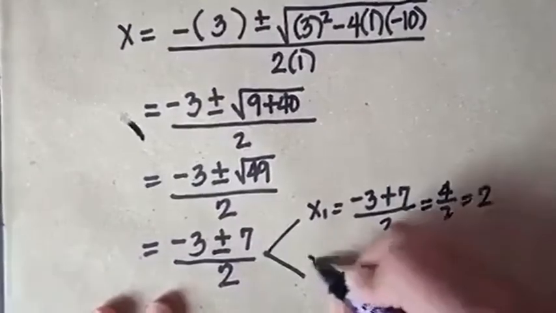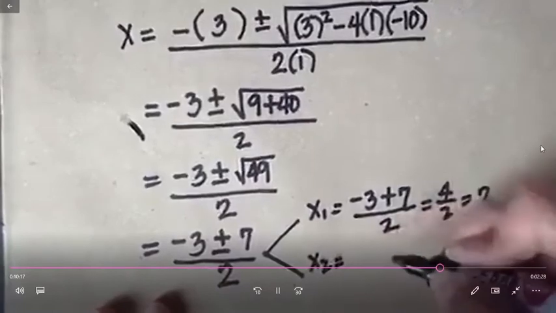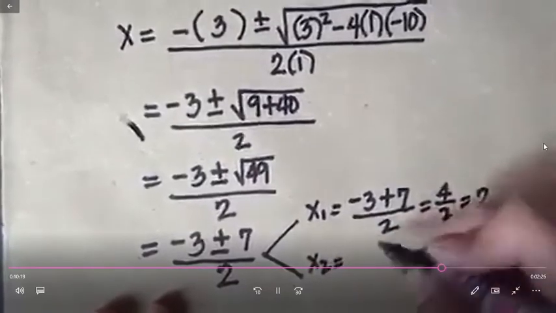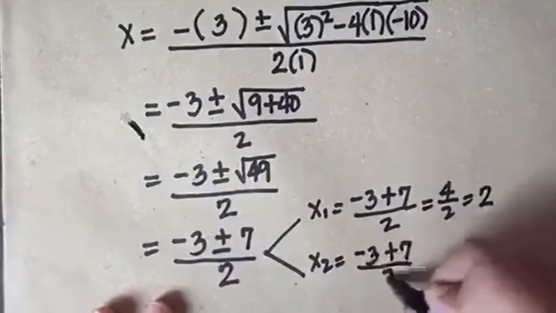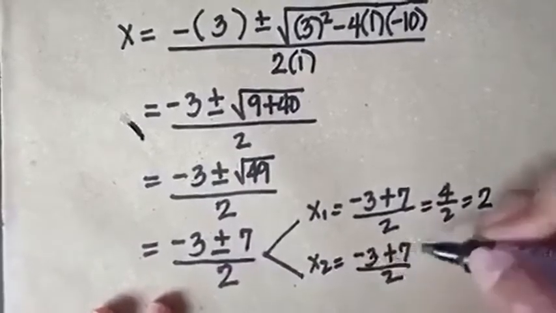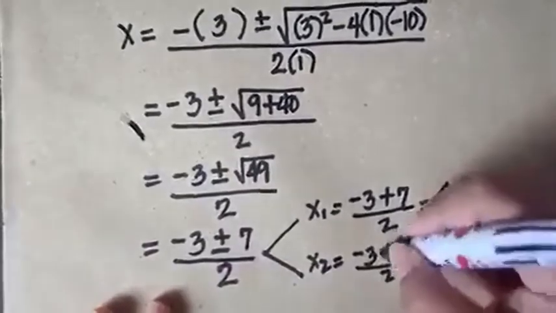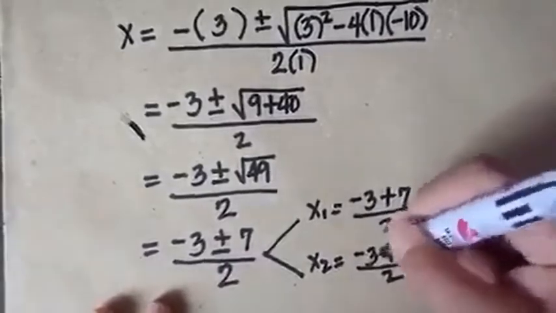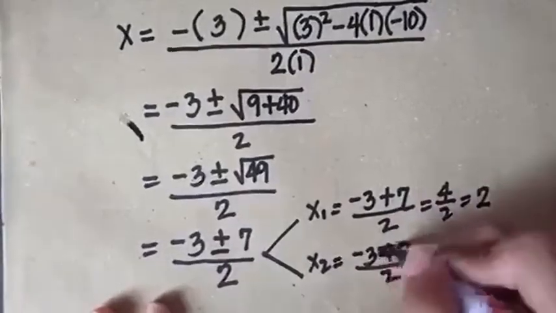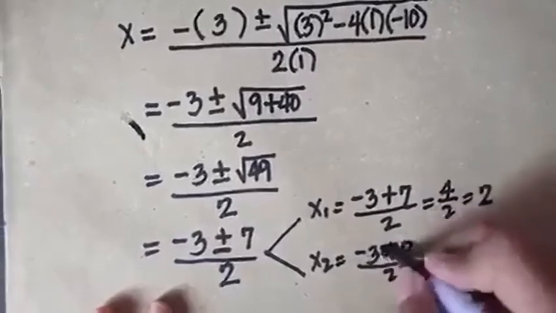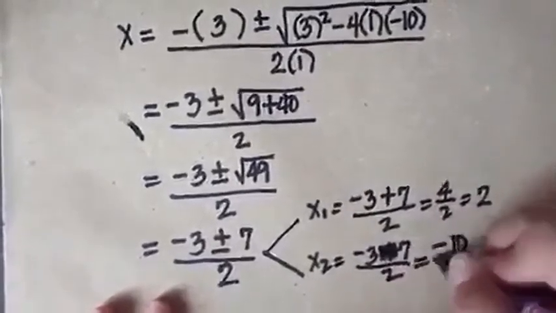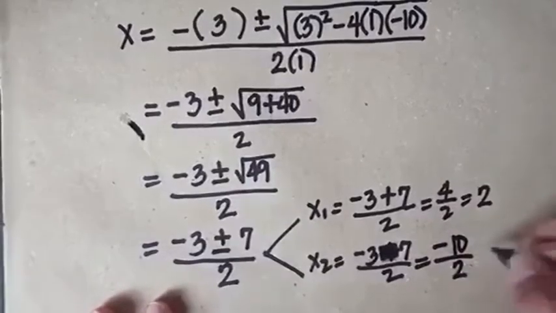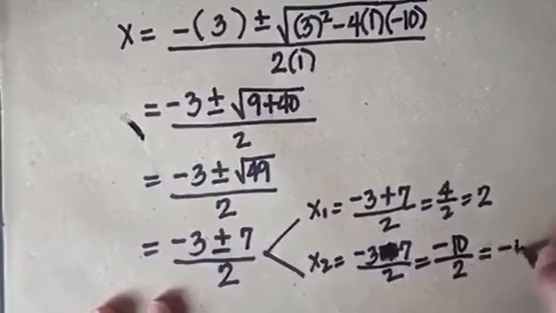For our second x, so we have negative 3 plus 7 over 2. Sorry, this must be negative 7. So, negative 3 minus 7 is negative 10. Divide by 2. Negative 10 divided by 2 is negative 5.